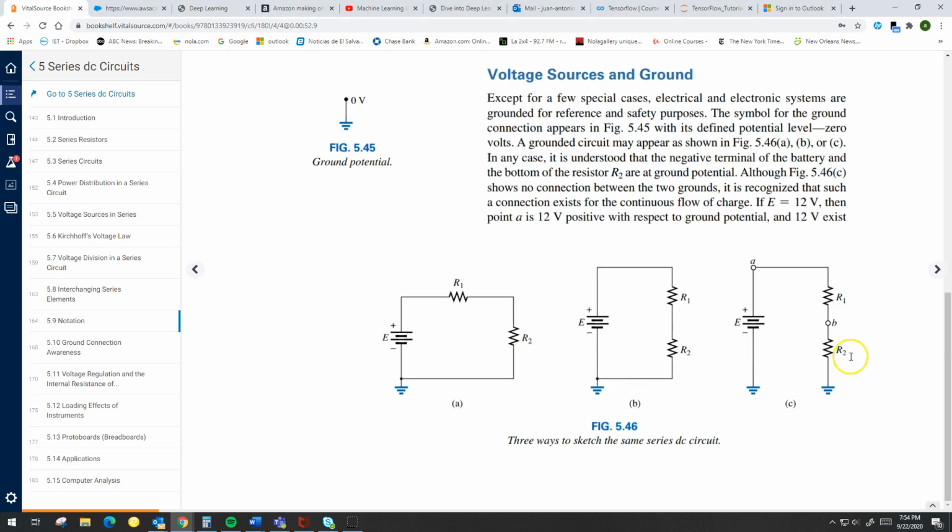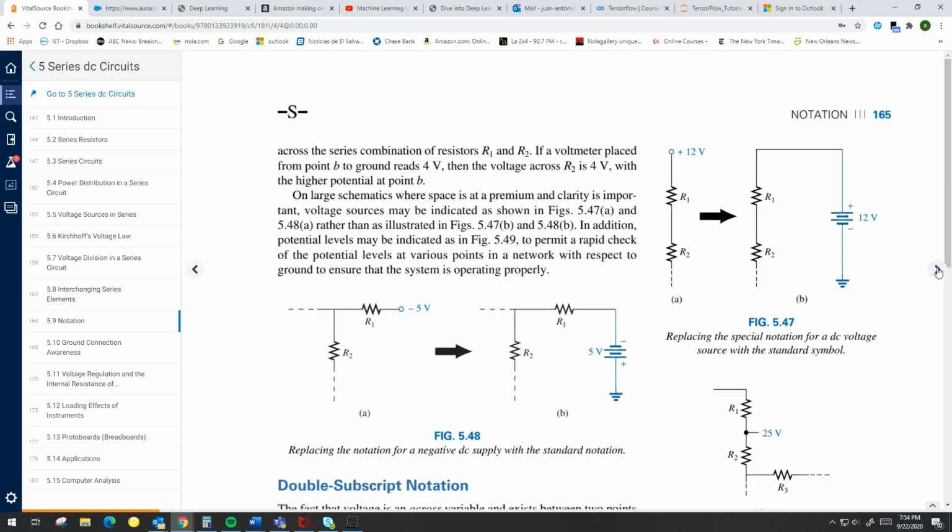Notice that in these 3 cases, the circuits look slightly different, but the nature of the circuit didn't change. You still have a battery connected in series with 2 resistances in any one of those circuits.